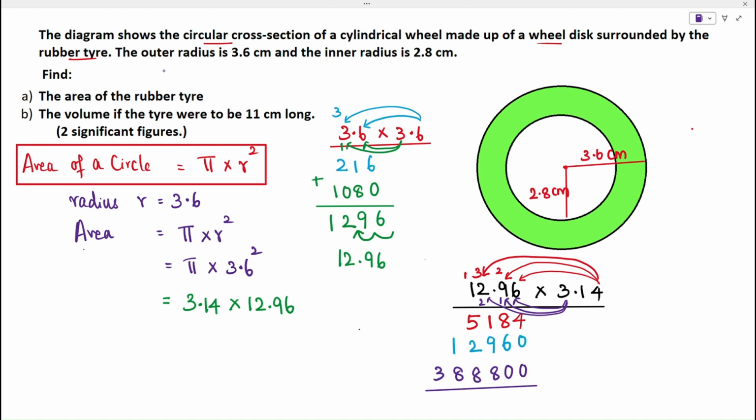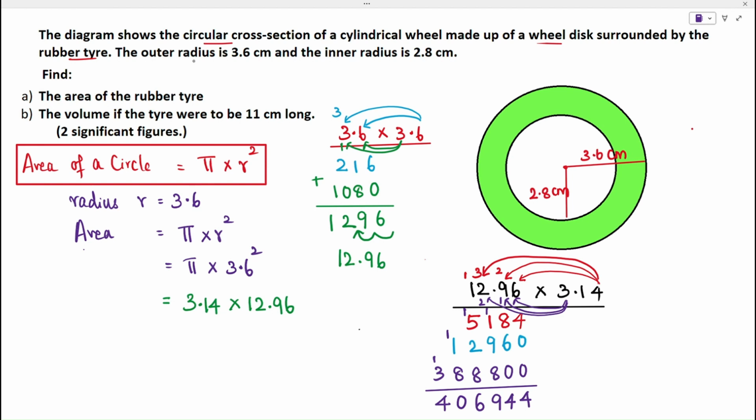We add this all together. 4 plus 0 is 4, 8 plus 6 plus 0 is 14, so we write 4 and carry the 1. 1 plus 1 plus 9 plus 8 gives us 19, so we write 9 and carry our 1. 1 plus 5 plus 2 plus 8 gives us 16, so we write 6 and carry our 1. 1 plus 1 plus 8 is equal to 10, so we write 0 and carry our 1. And 1 plus 3 is 4.